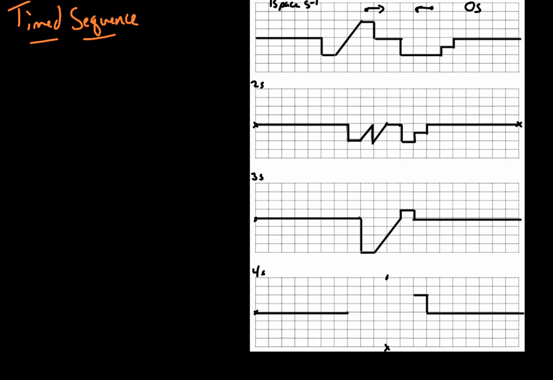Okay, so this one's kind of tough. You know, if this is our middle point here, we're looking at 1, 2, 3, 4 past the middle point. So it'll be here, here, over 2, down 4, so down here, over 1, up 2 for that guy.